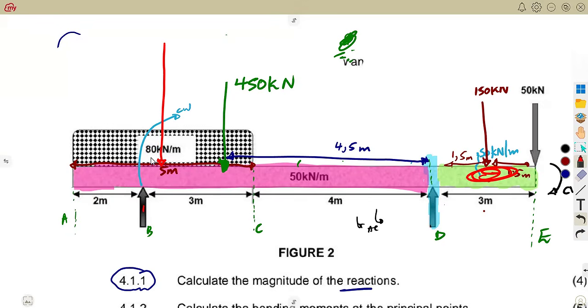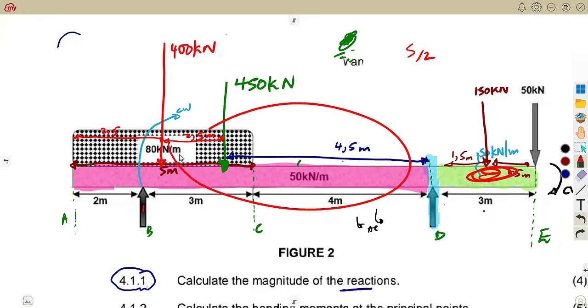So divide by 2. 5 divided by 2 will be 2,5. So it will have the 2,5 meters here. So back to the point D, you have to add 2,5 plus this 4,5.